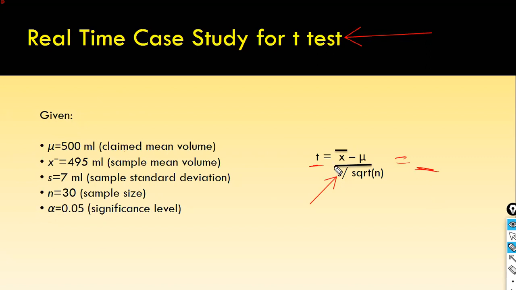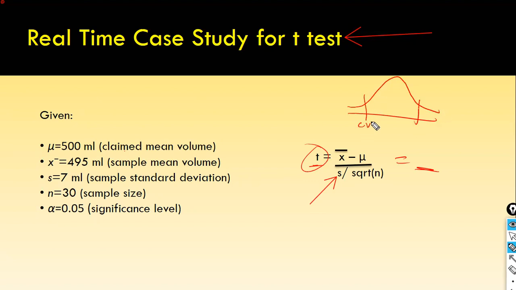If this value is less than the critical value, then it will fall in the rejection region area. If the t value is above the critical value, also it will fall in the rejection region area. If it is not less than the critical value or greater than the critical value, it is going to fall in the non-rejection region area.